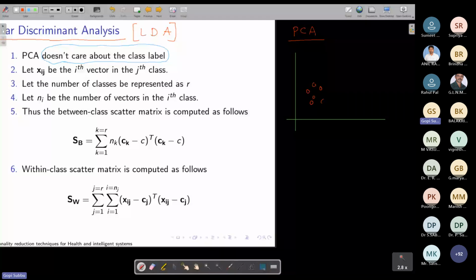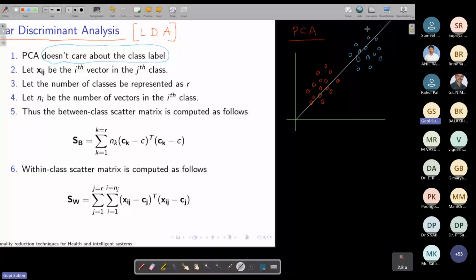One class is red, and another class we have here is blue. In case of PCA, it doesn't care about that class label. It tries to identify where the data is varying, where the variations are more after doing this projection. That is what we discussed in case of PCA.